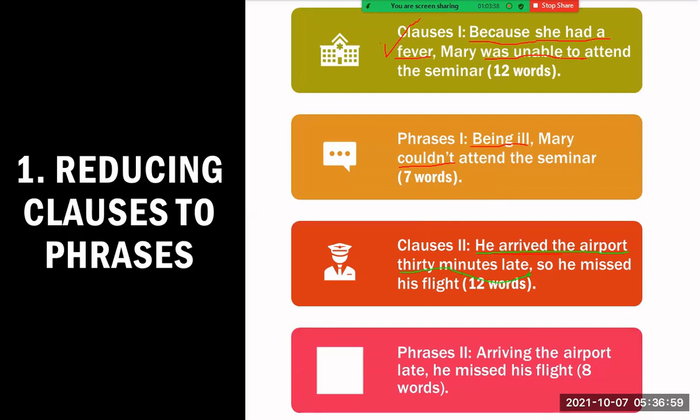So we can change this to arriving the airport late. We have to reduce some details. All right? Summarizing is about removing details and extracting the main idea. So he arrived at the airport 30 minutes late. The idea is that he arrived late at the airport. That's just what it means. And so we reduce this to arriving the airport late.